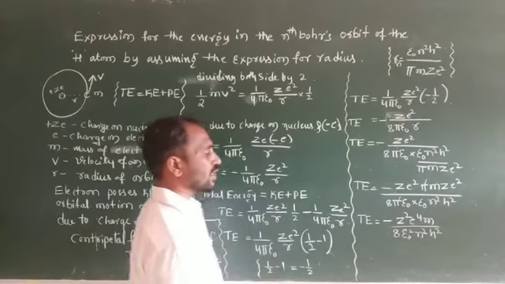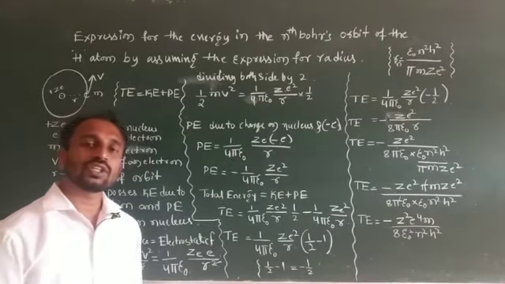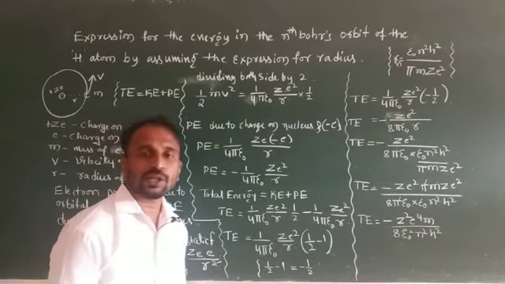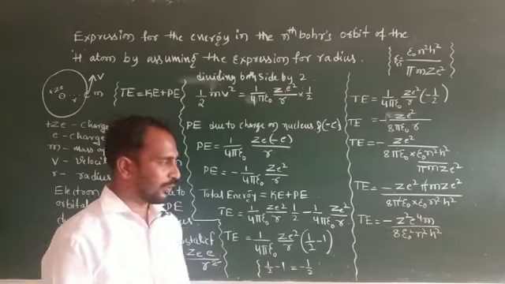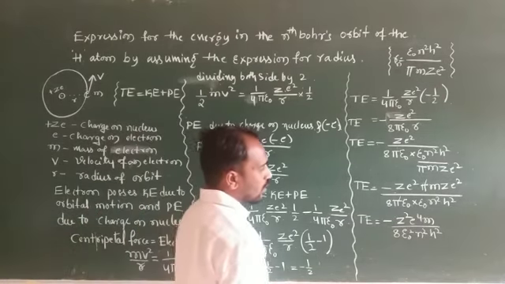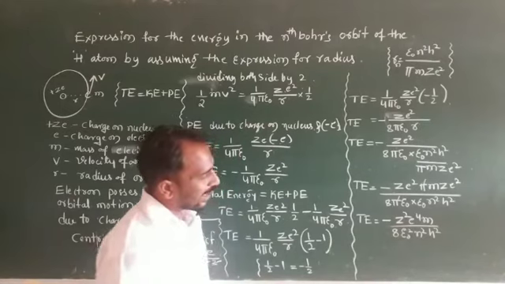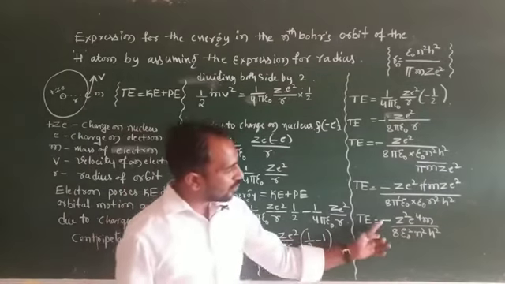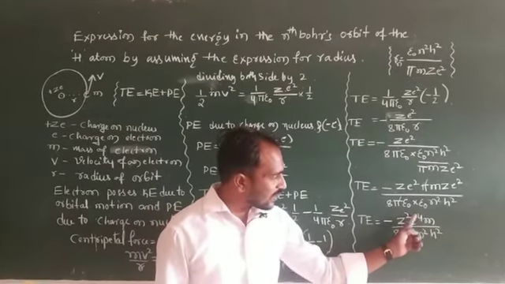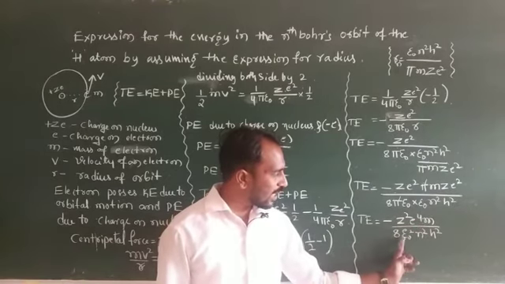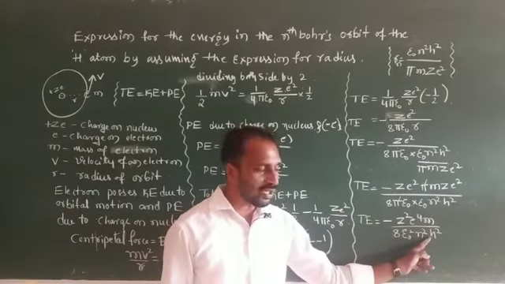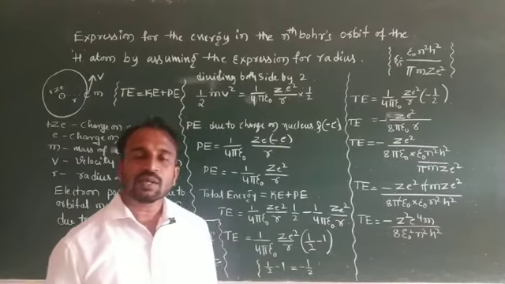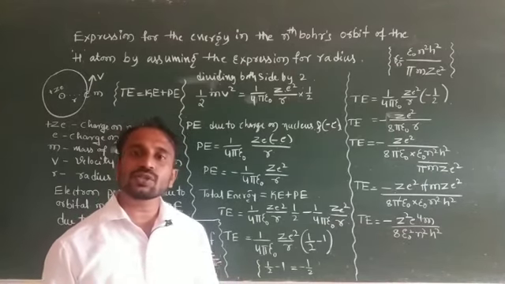This is the total energy of the nth orbit. Suppose the total energy of the nth orbit is equal to minus Z square e raised to 4 m divided by 8 epsilon naught square n square and h square. Suppose we consider a hydrogen atom.